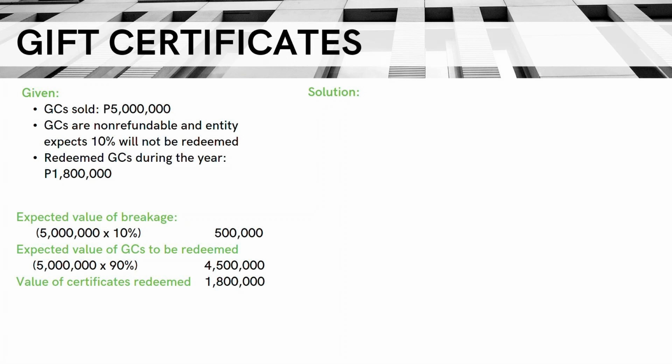So, although the 90% is not expressly given, you get it by subtracting the breakage percentage from 100%. So that will be your expected to be redeemed, 90%. That is 4,500,000. And then the value of certificates redeemed is given as 1,800,000.